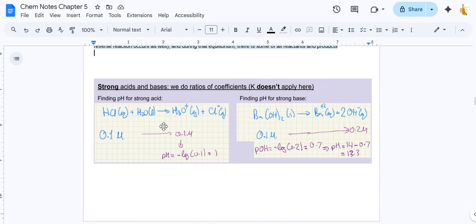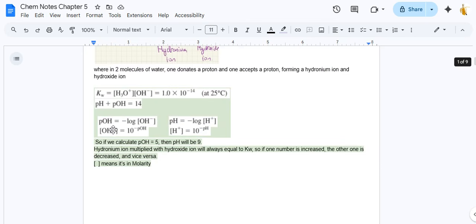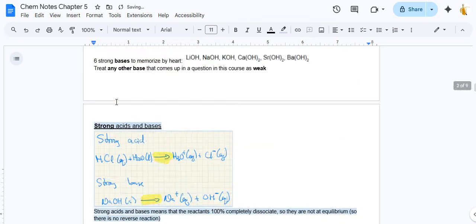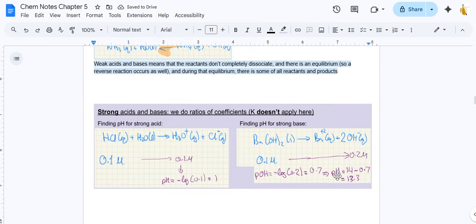And the only difference here is that we'll find pOH instead of pH. So we found that pOH is 0.7. And most questions will ask for pH, so we just use this formula to convert pOH to pH, which is what's done here.